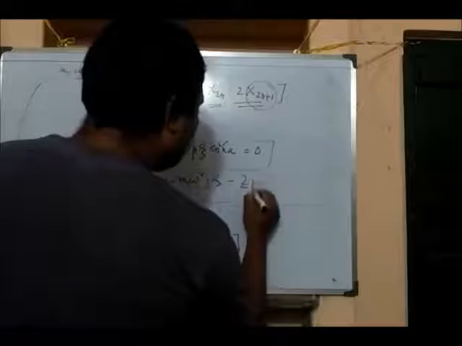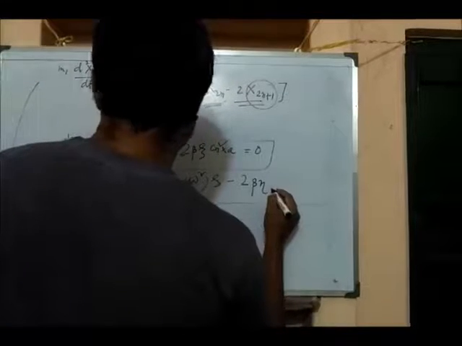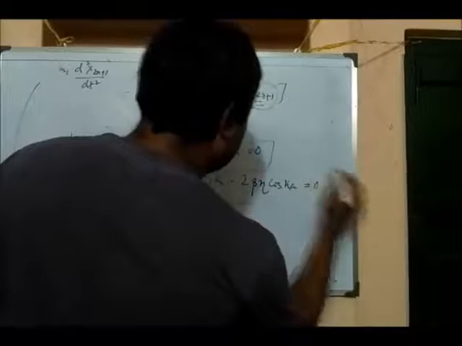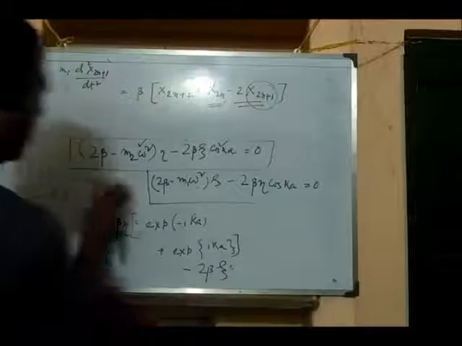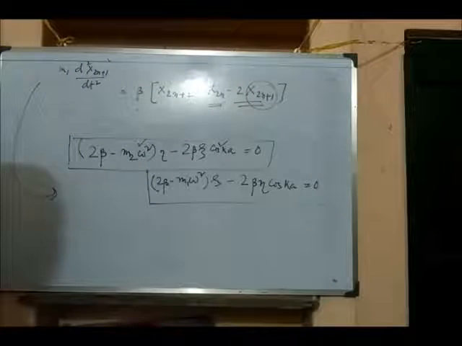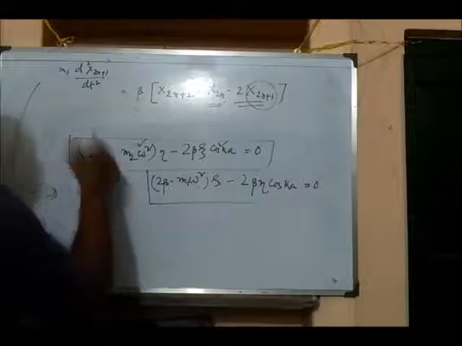Obviously 2 beta eta cos Ka, as discussed. Right? So we are getting two types of solution, one having mass M1 and another having mass M2.